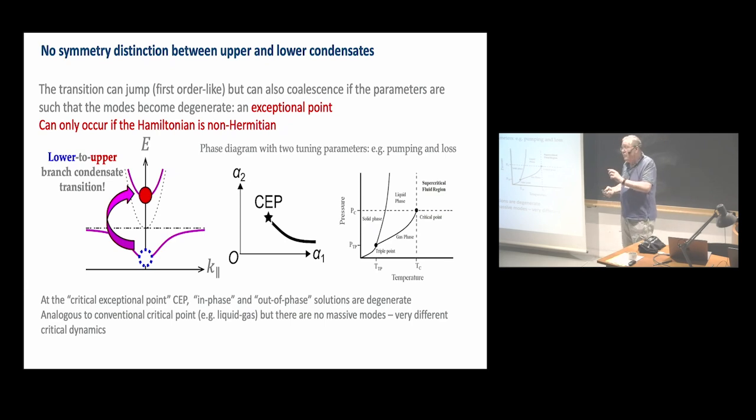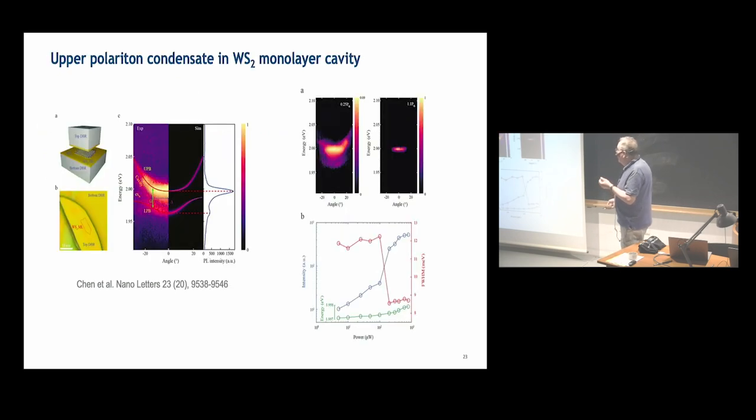But the simplest thing to imagine is that normally you go from one to the other and the frequency would jump. But if you go along a line, perhaps you can find a point where the frequencies actually merge together and they become exactly the same. And that will actually have the characteristics of a many-body exceptional point. It's a place where I have some dynamical matrix where two eigenvalues are identical. Okay. Now, yeah.